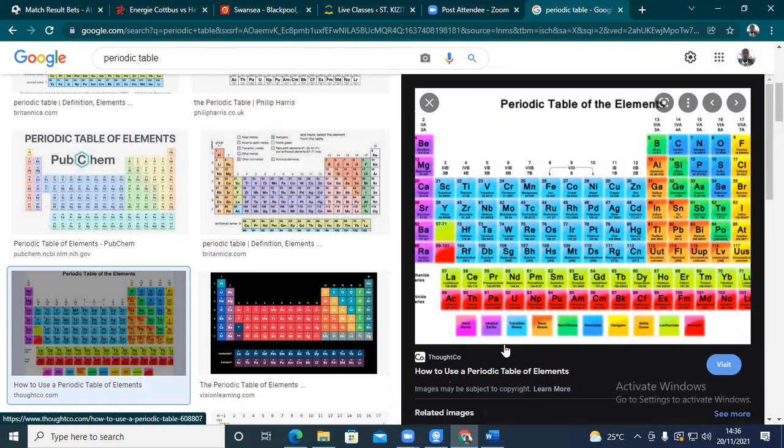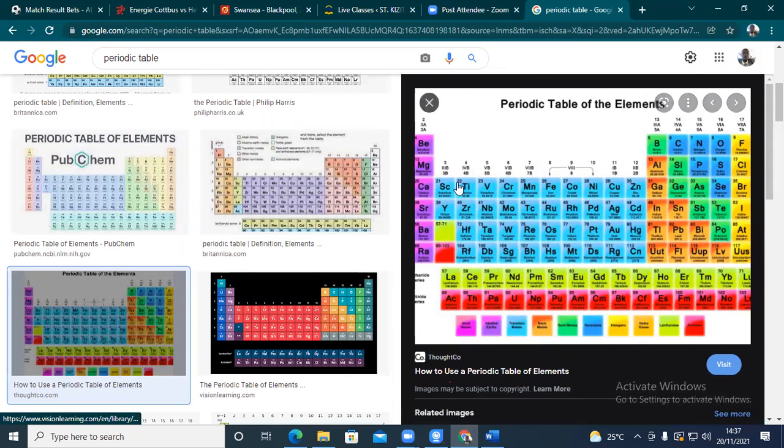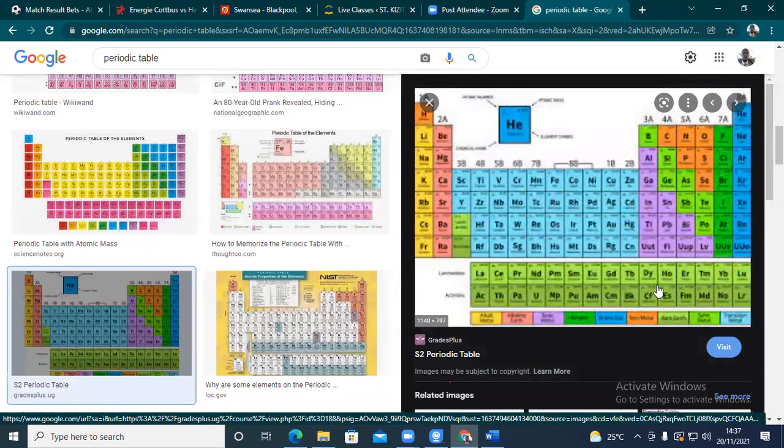Where are the group 1s? They are all covered. This one is not good. Is this one clear now? Yes. So you see here, you see lithium, sodium, potassium.